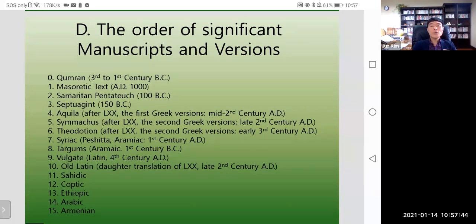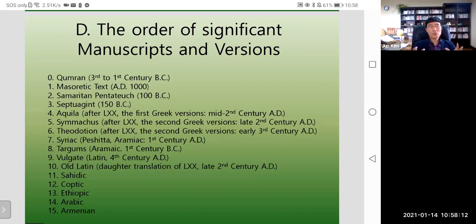Okay, the order of significant manuscripts and versions. So of course, whatever comes in the beginning takes higher value. Okay, so the most important thing is Qumran. Why? Because it is one of the oldest manuscripts, but it was relatively lately found.